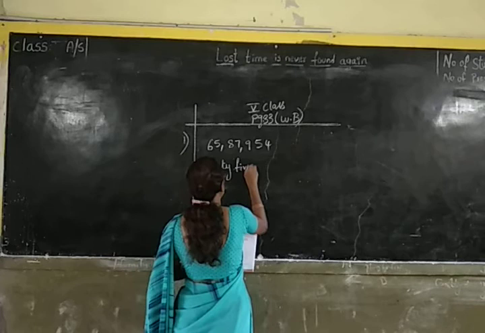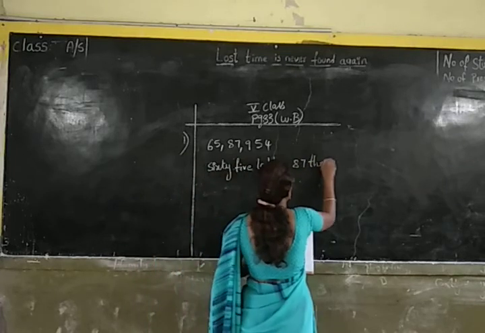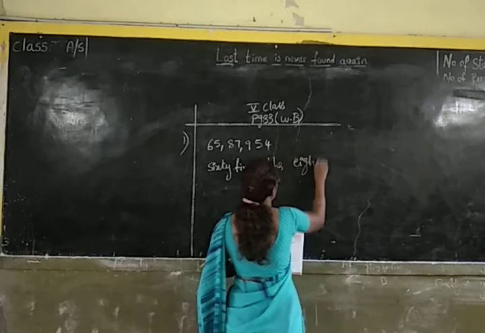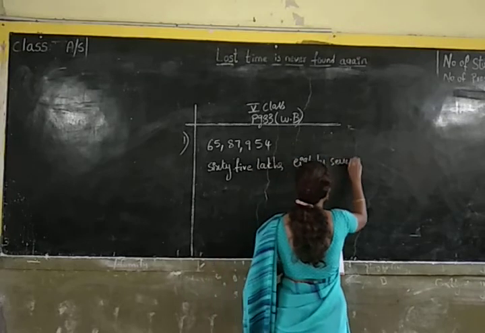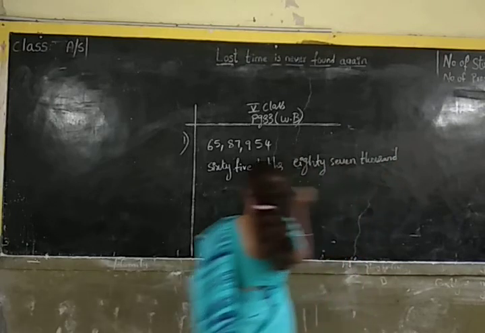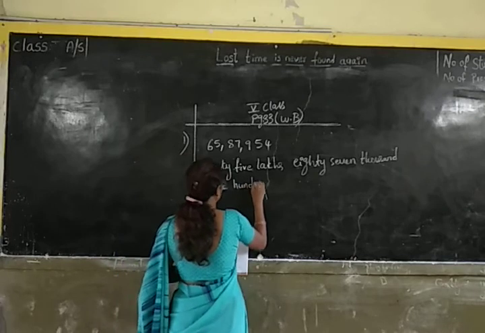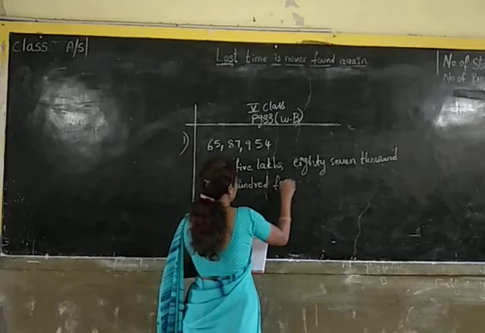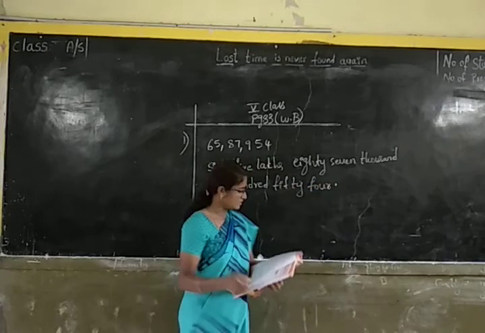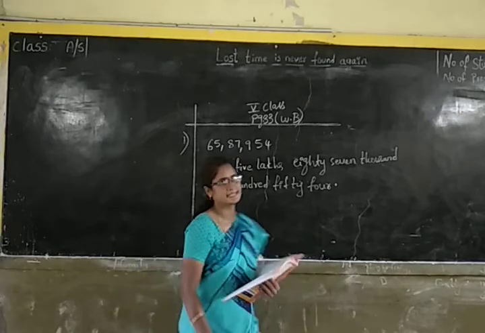65 lakhs 87,000 954. So this answer is in the option C. So we have to take C. Okay, children.